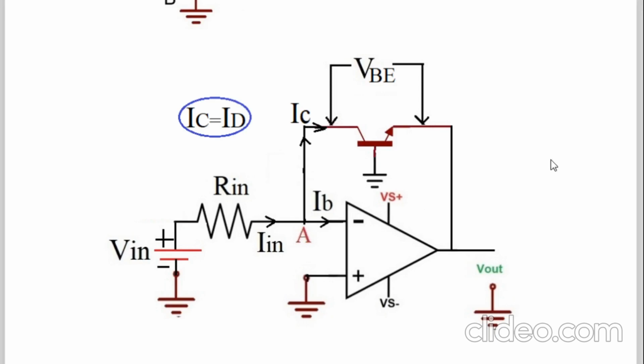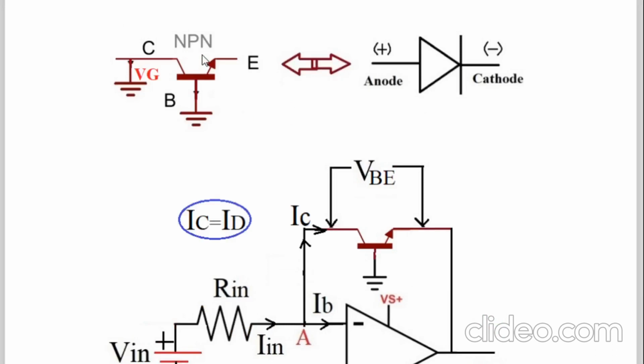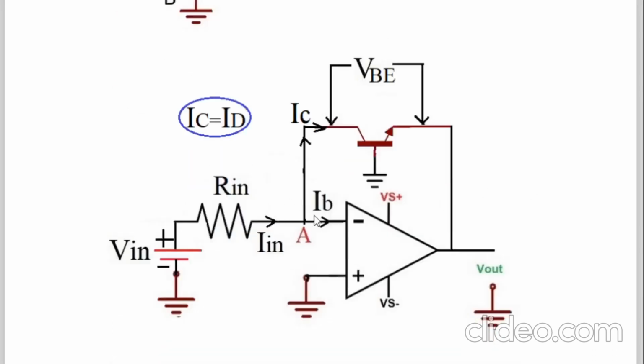So the collector of the transistor you connect to the virtual ground, that is, to point A. In this way, the base to collector junction is short circuited and that PN junction is disabled, and the PN junction between emitter and base will remain active, and this transistor will start working as a diode, and therefore it is called a transdiode.